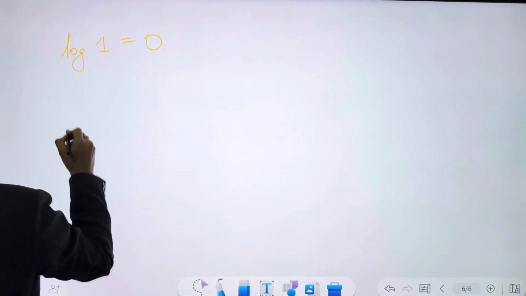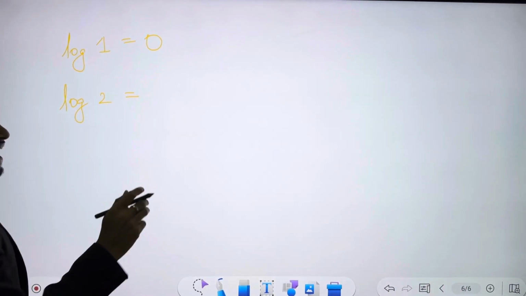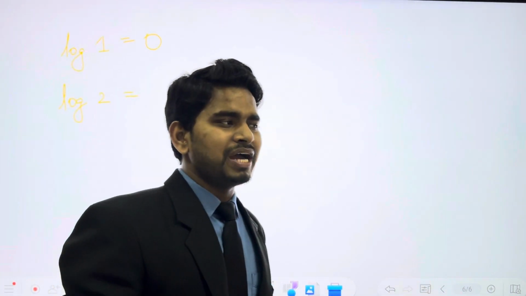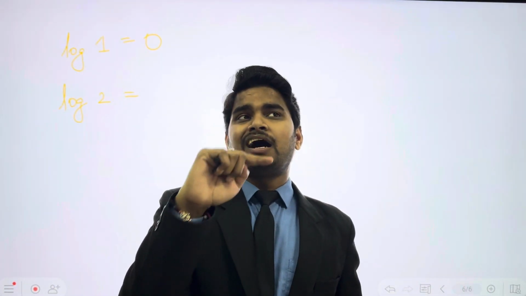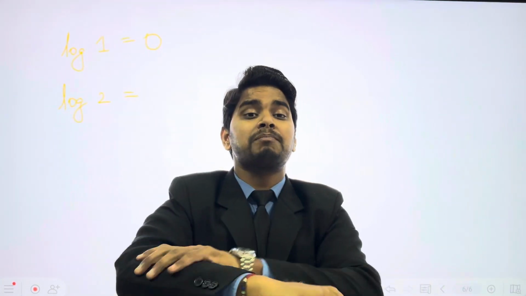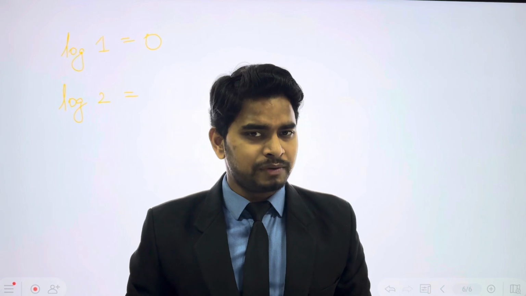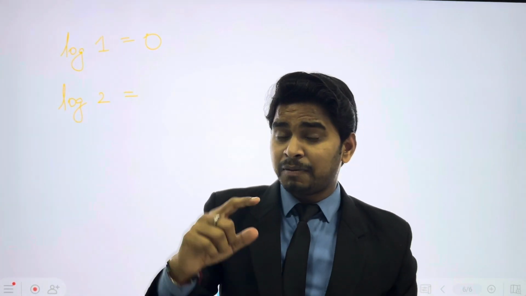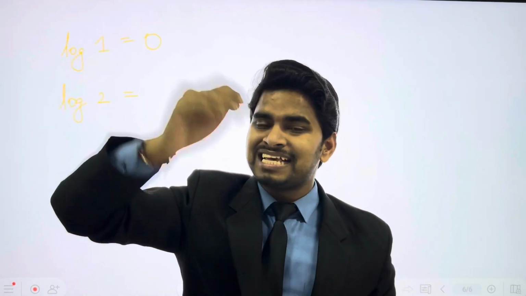Log 1 is 0. Now what is the value of log 2? Guys, there are certain values you have to remember. Log 2 is basically, you can think in this way. Log 10 ka under root, log 10 ka power 1 by 2, will take you to the value 3.1. So 2 is lesser than that. It means the power that was 0.5, that was 1 by 2, should be lesser than that.